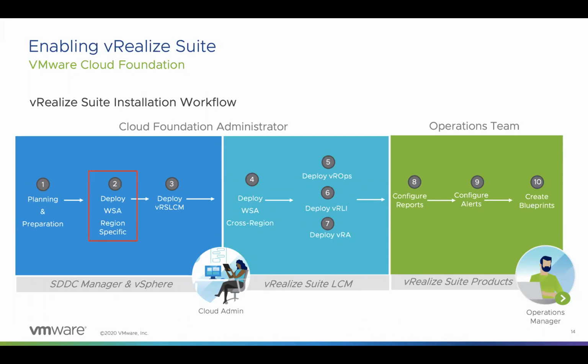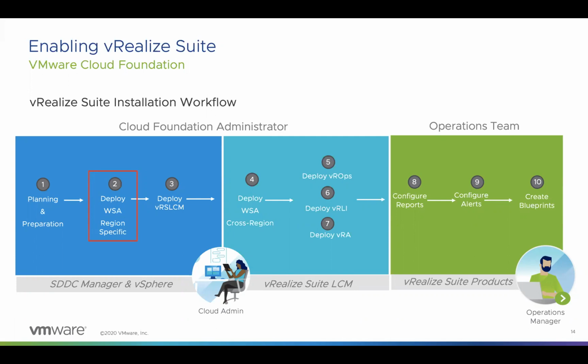Then the next phase will be, once we have the SDDC manager up and running and you want to add on your vRealize suite of products, the first component we deploy is the lifecycle manager. If I compare the latest version of VCF, which is 4.1, with the previous version, until 4.0 we had to manually download the lifecycle manager from the VMware website and manually deploy it in the vCenter server, and then it was integrated with the SDDC manager.